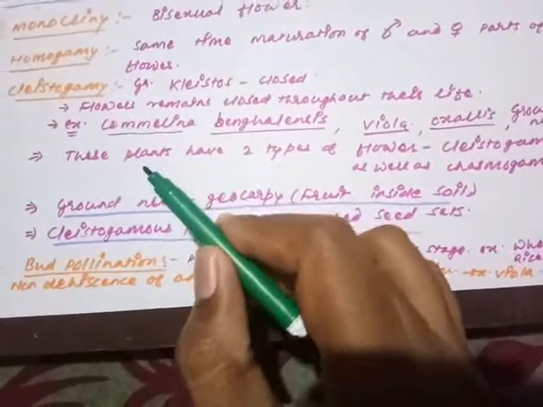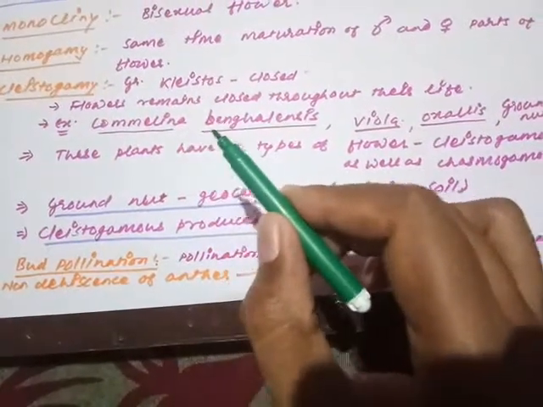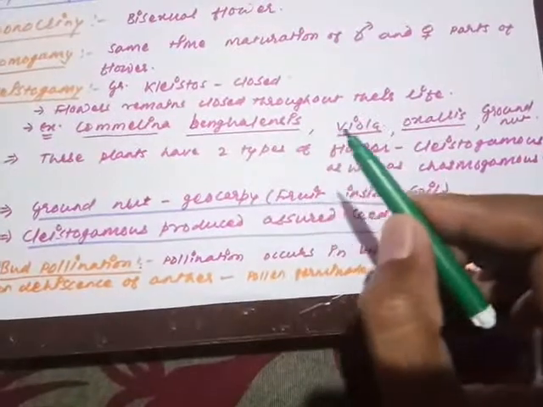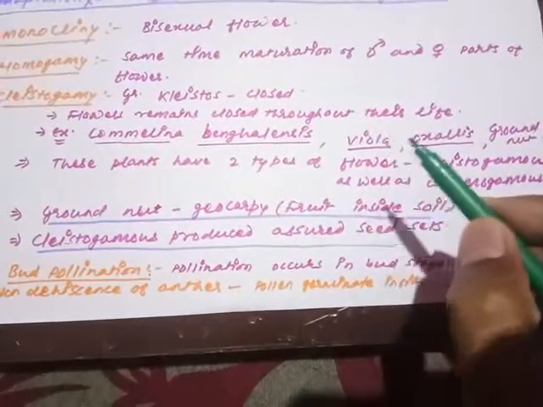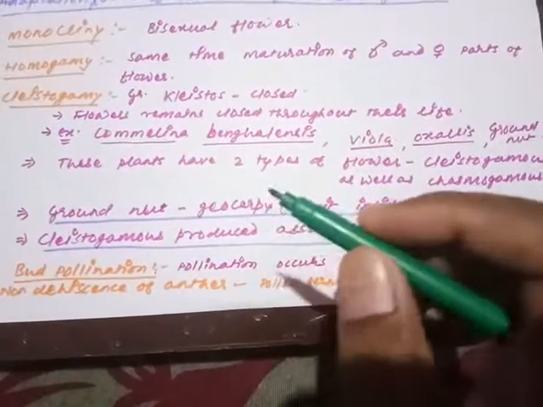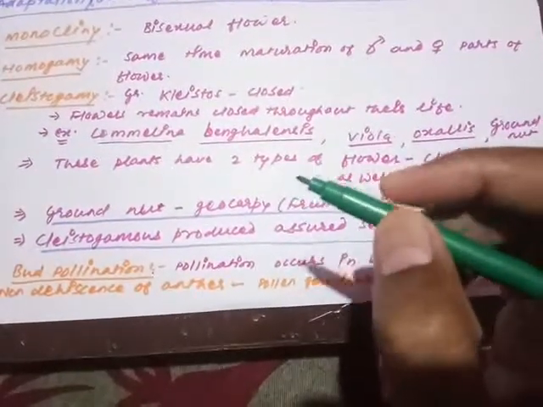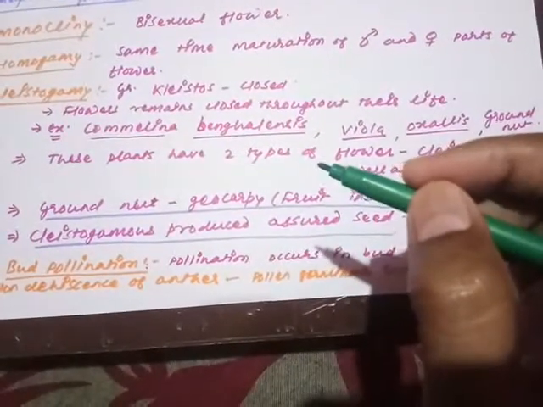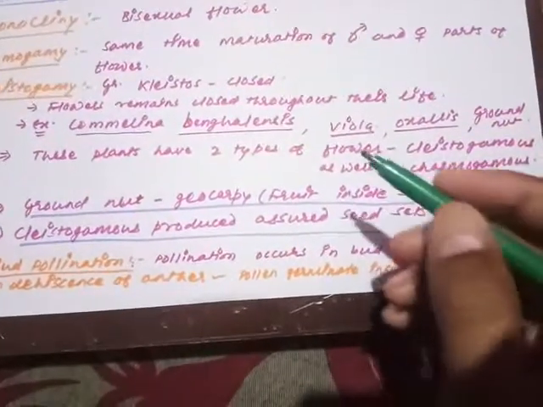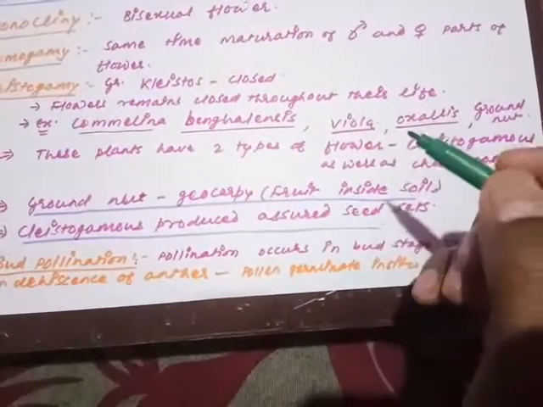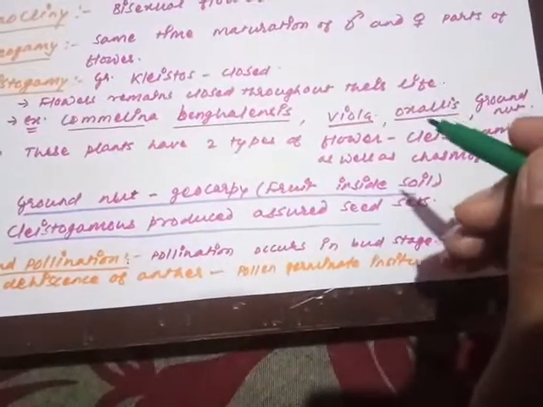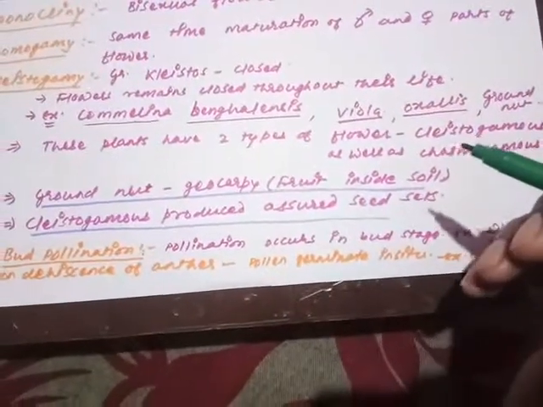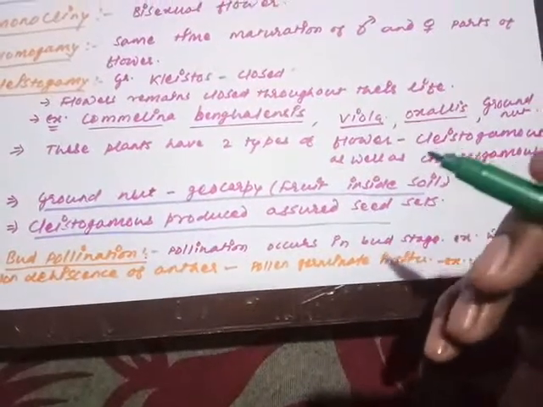Examples of cleistogamous flowers are Commelina bengalensis, Viola oxalis and groundnut. Remember, these plants have two types of flowers present, cleistogamous as well as chasmogamous flowers.